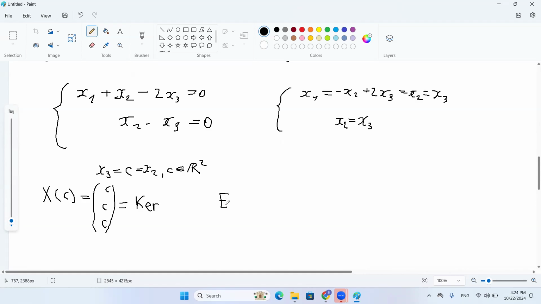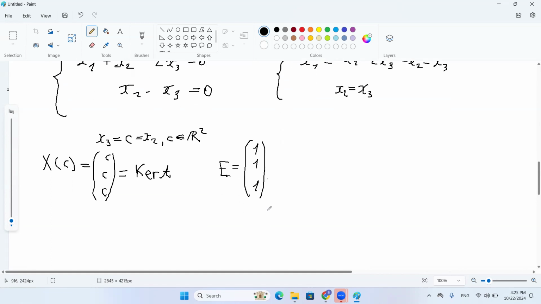The basis of the kernel is any nonzero vector that belongs to this set. So just one. Let's take 1, 1, and 1. Fundamental solution system. So actually, that's all that we need here.